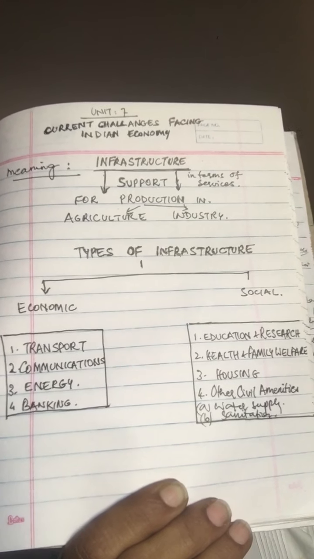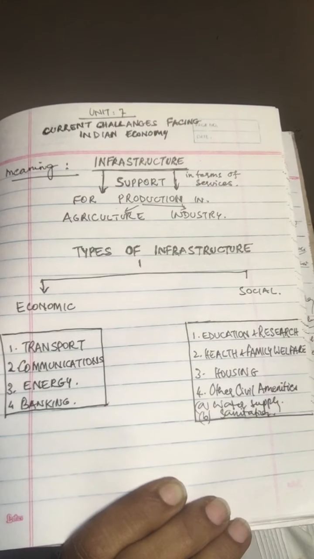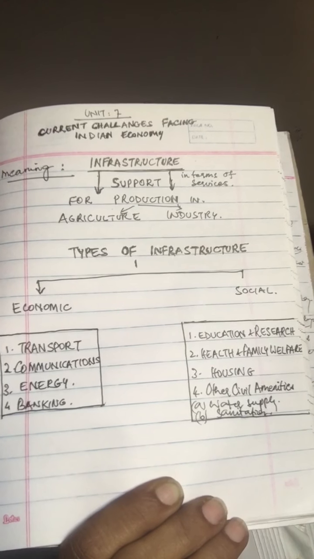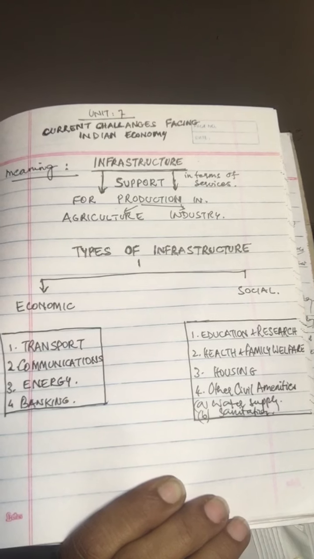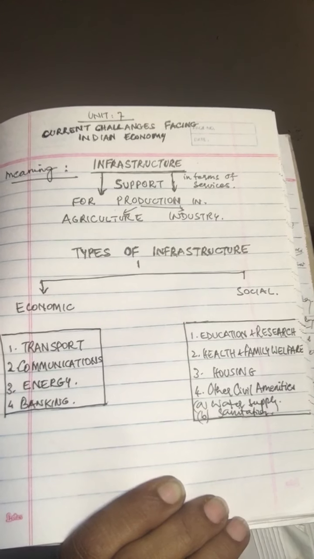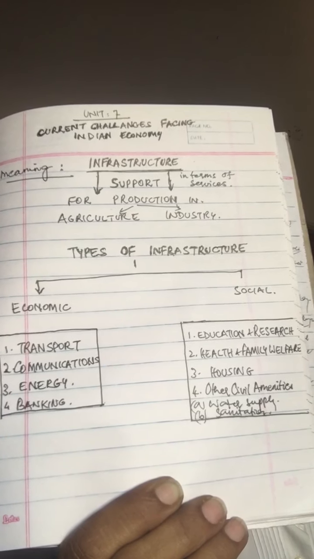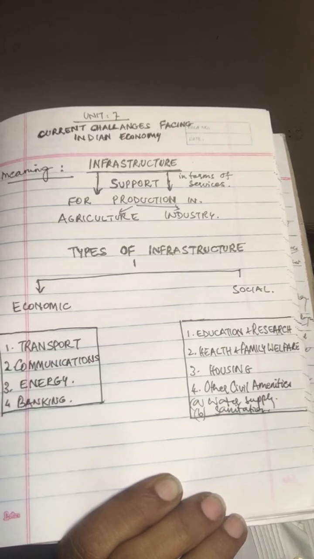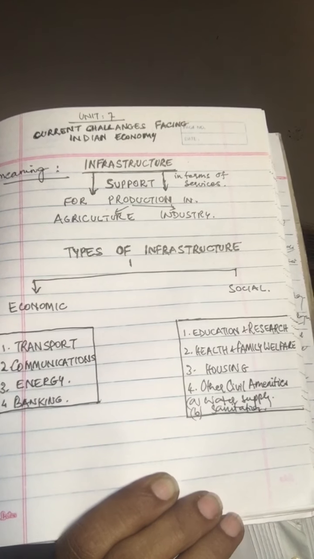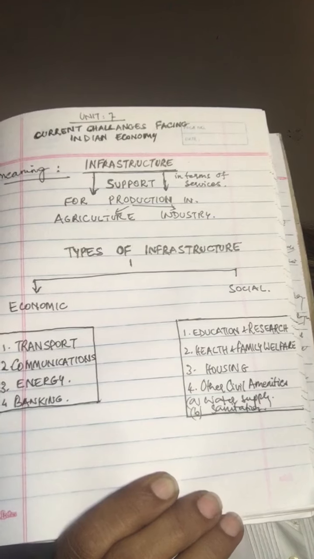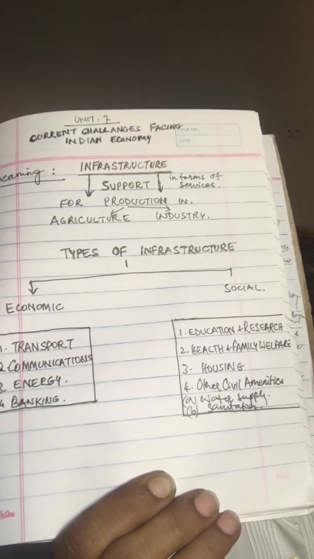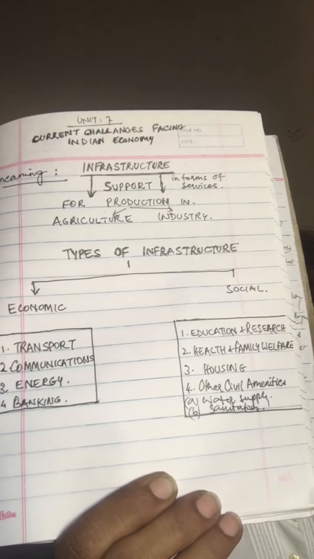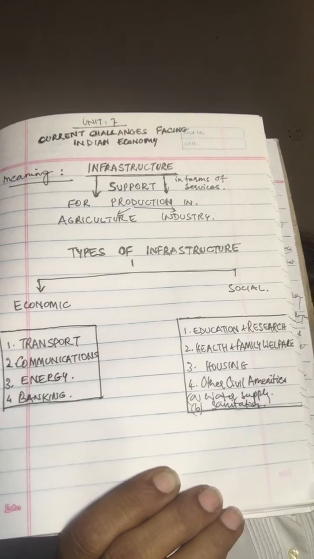Economic infrastructure is one which is mainly within the system of production and distribution, and it helps in the process of production of goods and services. It is a sort of economic input, like for example transportation, communication, energy, power, irrigation system, banking and financial institutions are included in economic infrastructure.